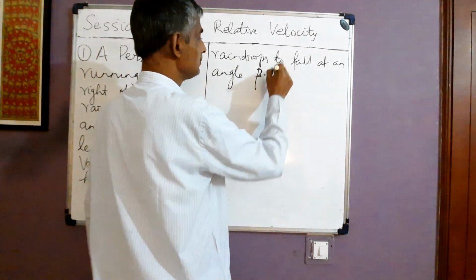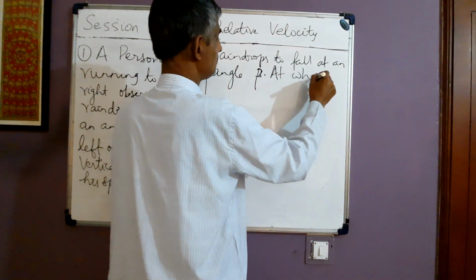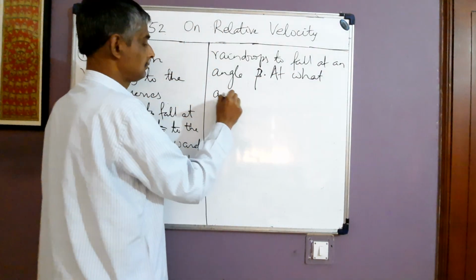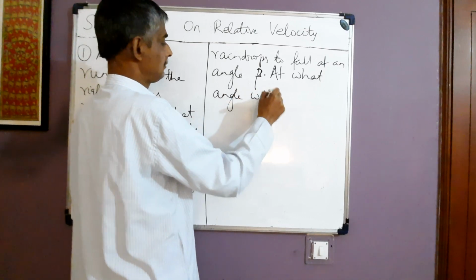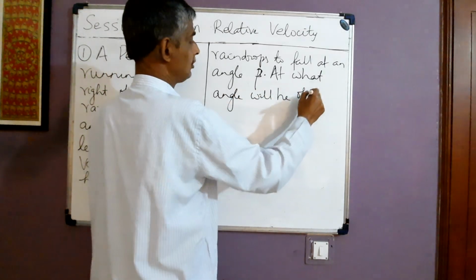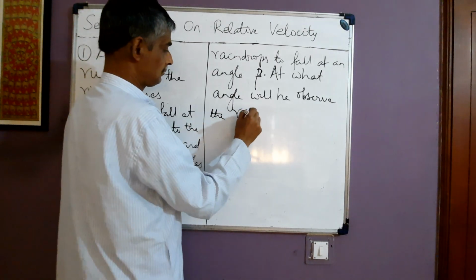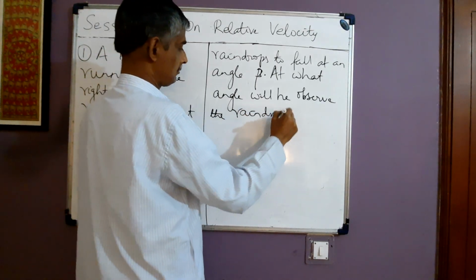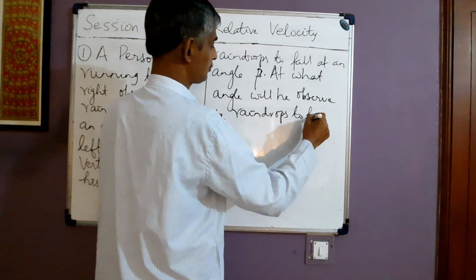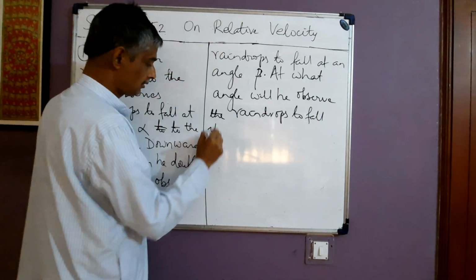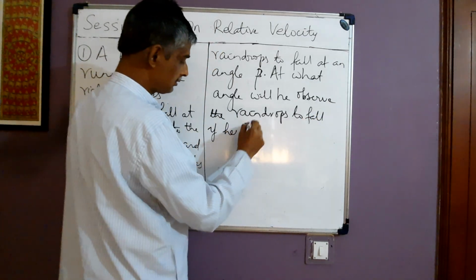At what angle will he observe raindrops to fall if he trebles his speed?